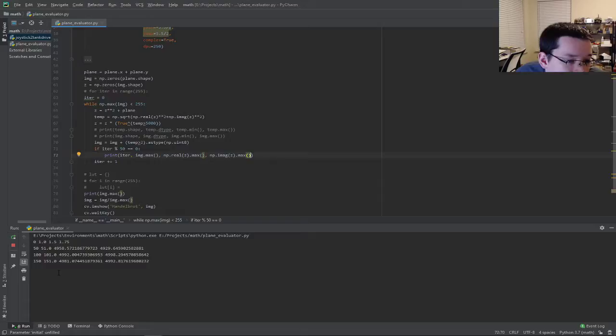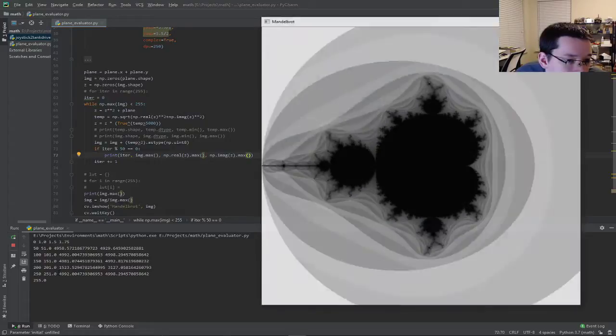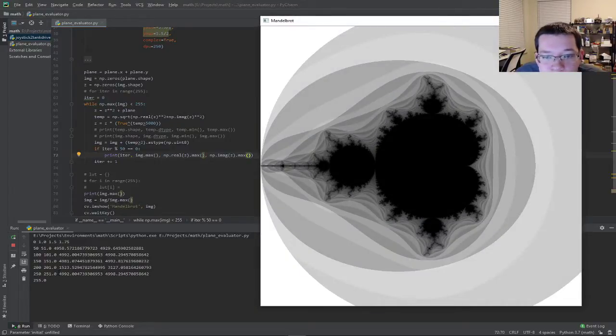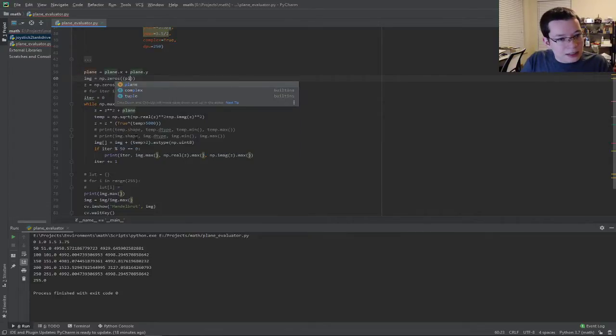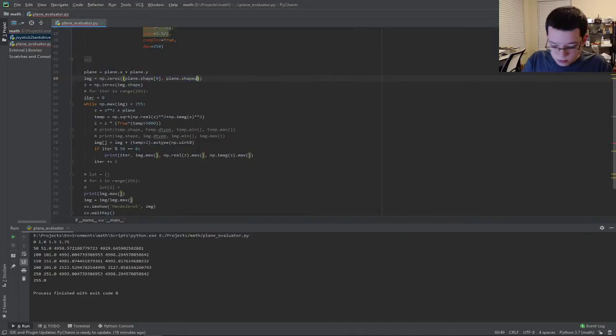Still very large. Yeah, so here's what we'll do. Image, I'll change this. So we'll do plane.shape 0 by plane.shape 1, so that gets me the same width and height. And I'll do it by 3 channels, so it's a color image.